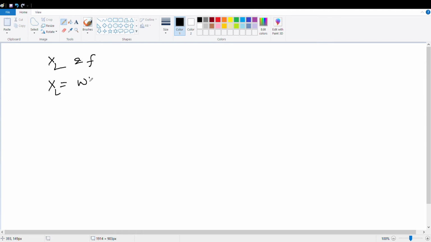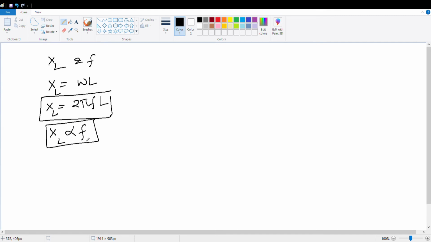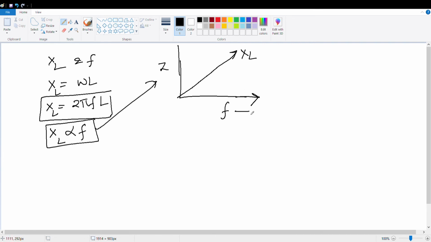XL is equal to omega L, yes or no? What is omega? Omega is 2 pi F, so XL equals 2 pi F L. So XL is directly proportional to F. That means if F increases, your XL will increase. So the graph for this one will be like this. Is it clear?